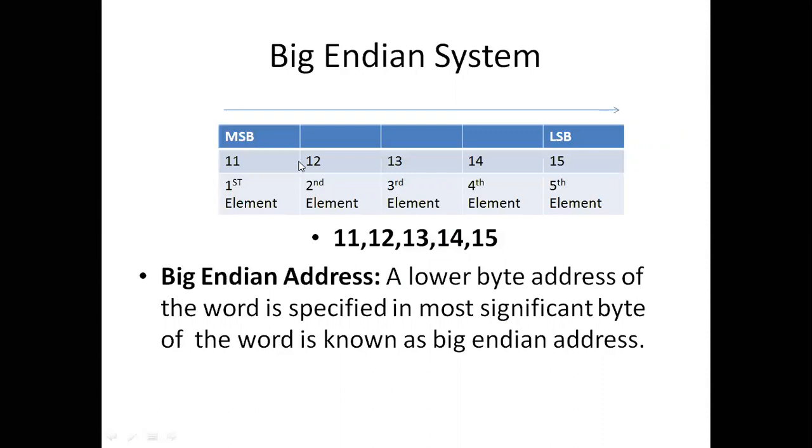So in the big endian address means you are going to take the first element 11. The second element will be 12. The third element will be 13. The fourth element will be 14. And the fifth element will be 15. We know very well. Okay, in this way we can have the big endian address.